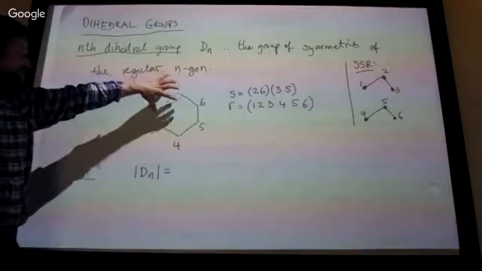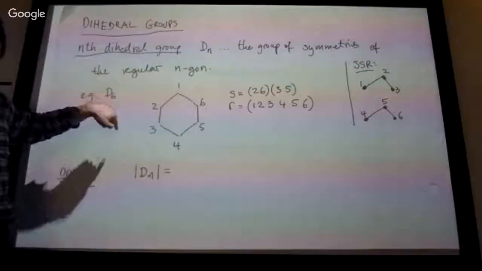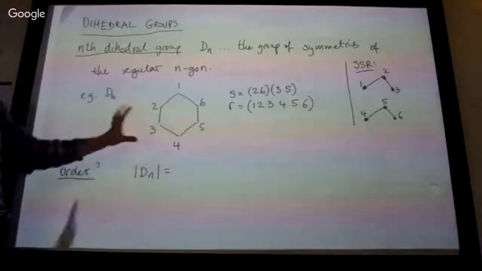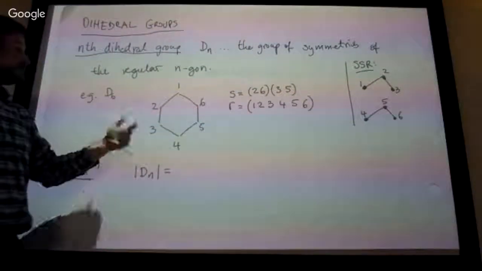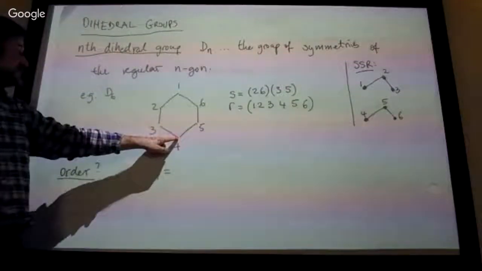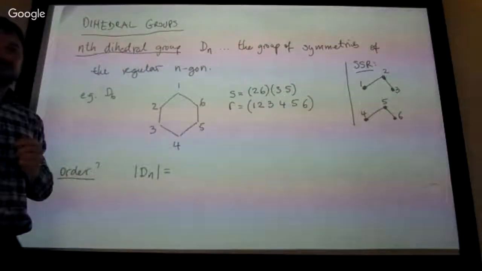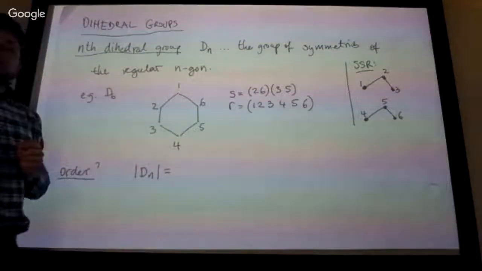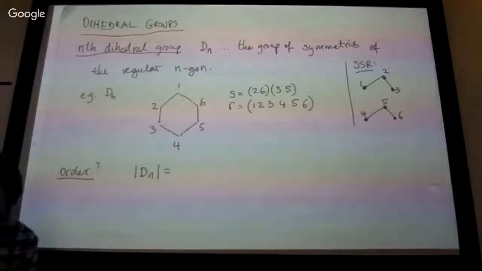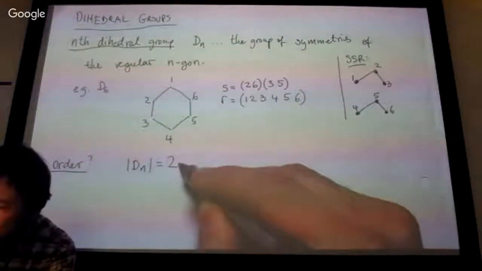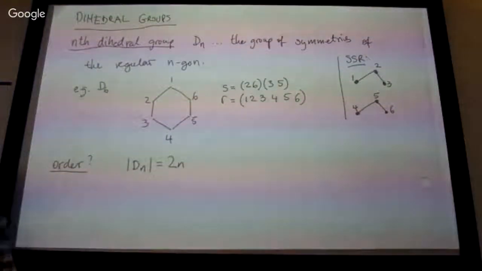It could either go in the same preserving kind of orientation or reversing the orientation. So 1 goes to 4, then 2 could go to 3 or to 5. So it is, indeed, there are 2n elements in this dihedral group.